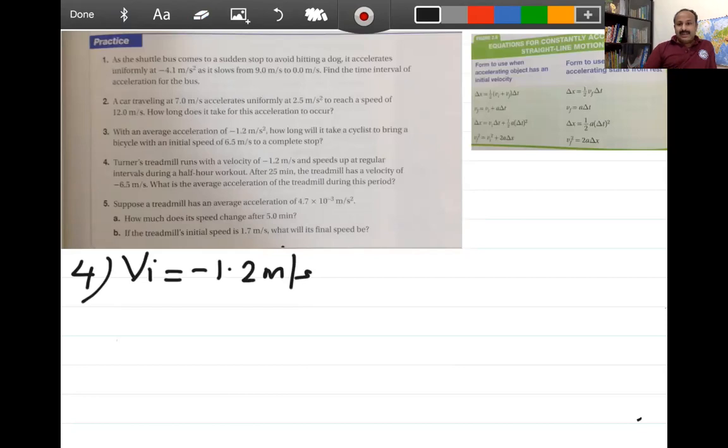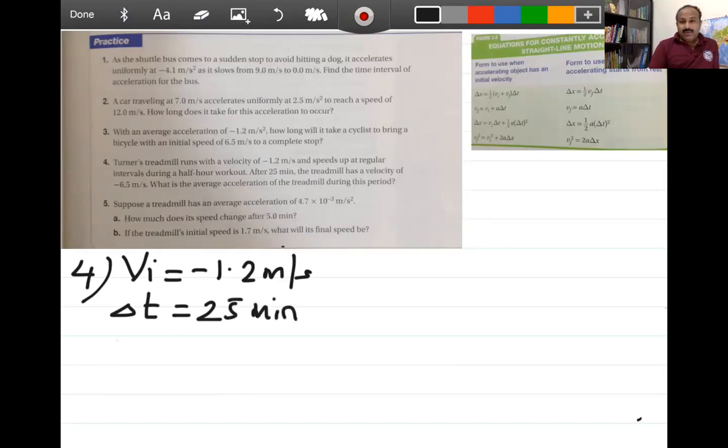So its initial velocity is minus 1.2 meter per second and it speeds up. So it's accelerating, okay? At regular intervals during half-hour workout. After 25 minutes, don't be confused with the time. They're telling it's a half-hour workout, but they need the acceleration during the 25 minutes time, not the half-hour workout. Okay, total time is half hour, but the calculation you need to find out is for 25 minutes. So time taken delta t is 25 minutes.